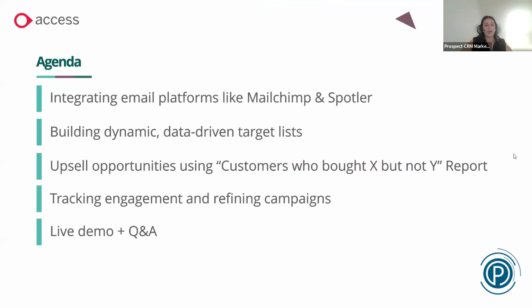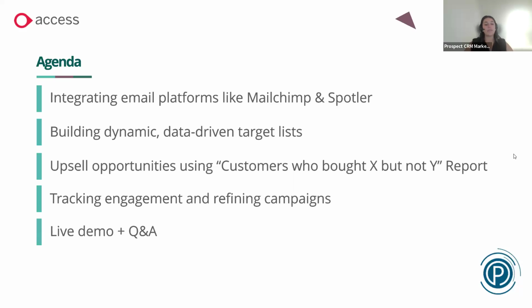Now, I would like to take a look at today's agenda, and we've got 4 key topics to cover. First, it will be to integrate email platforms like Mailchimp and Spotler so your marketing data flows seamlessly into your CRM. Then we'll have building dynamic data-driven target lists using your real customer and sales data to send the right message to the right people.